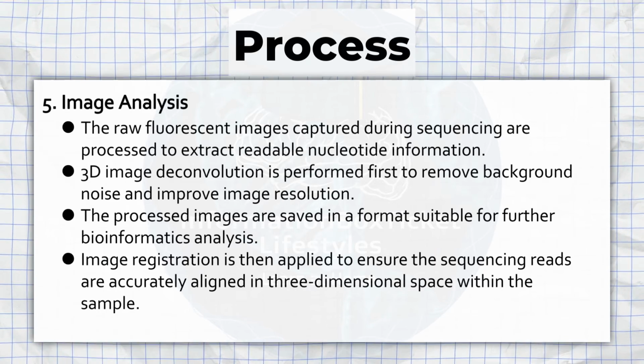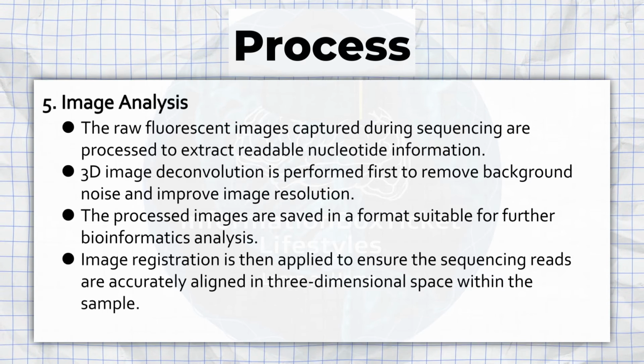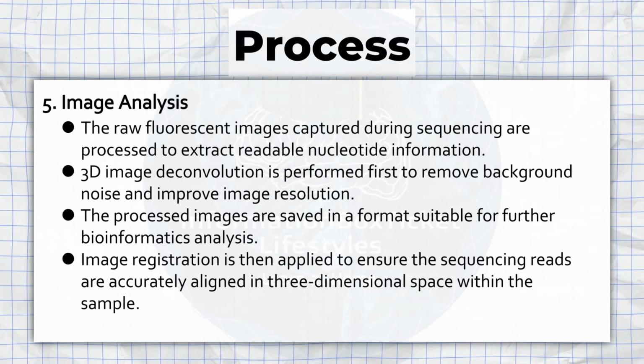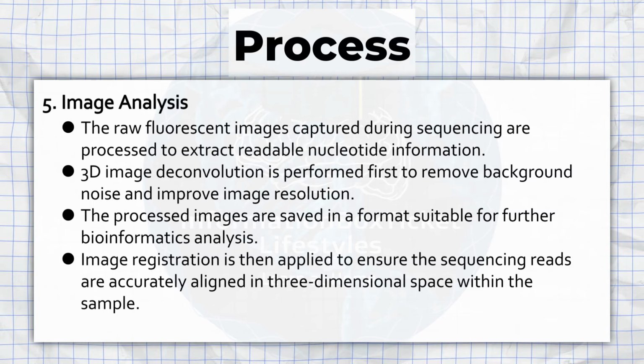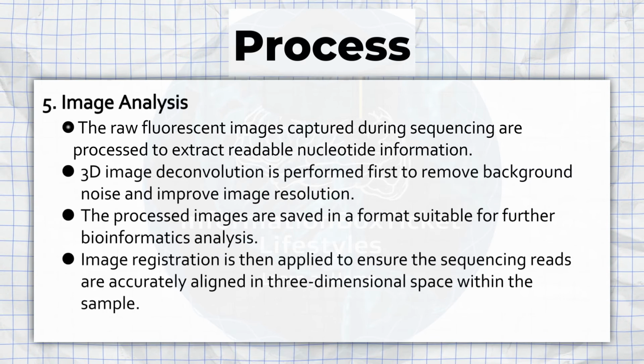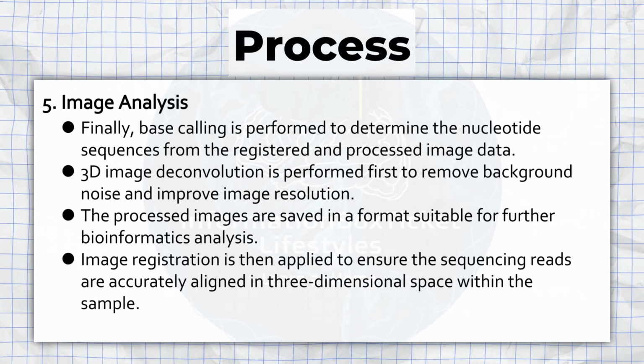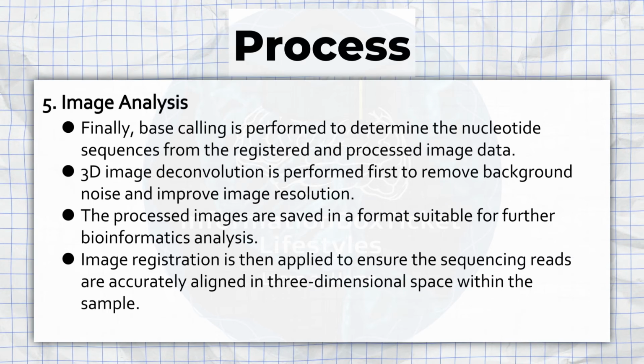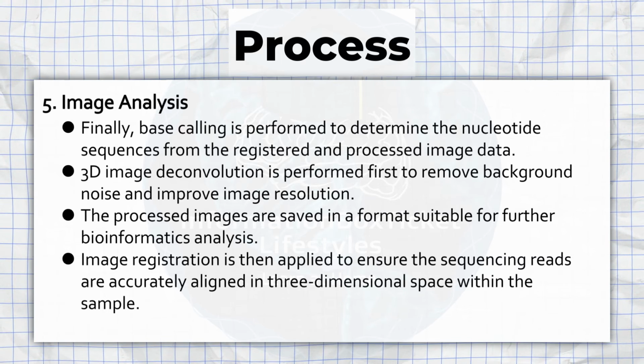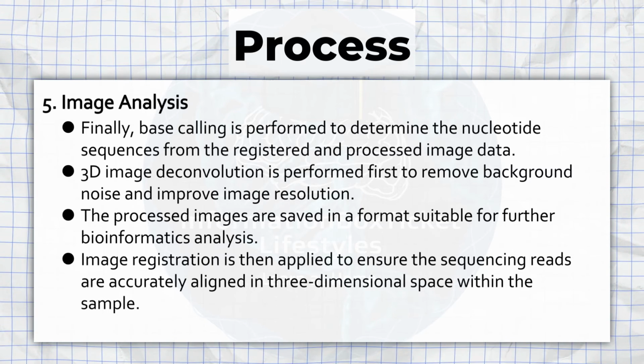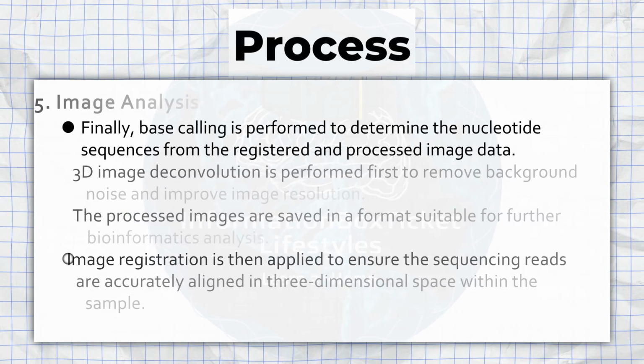Image registration is then applied to ensure the sequencing reads are accurately aligned in three-dimensional space within the sample. Finally, base calling is performed to determine the nucleotide sequences from the registered and processed image data.